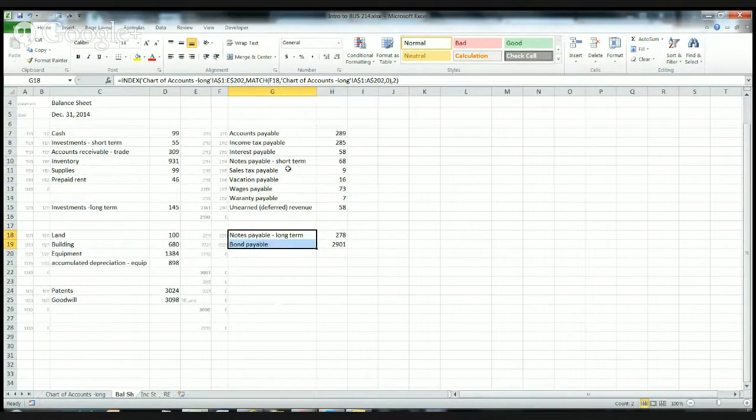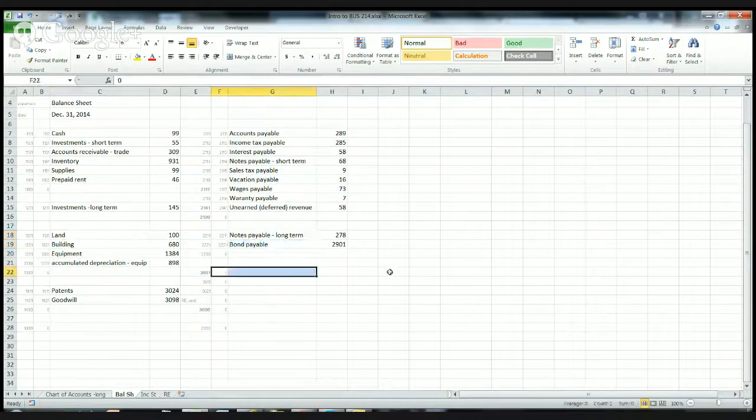Okay. So we can borrow money if we want to buy land, building, equipment. We can borrow money, or the owners might invest in the company. And they would invest in the company by buying stock in the company.